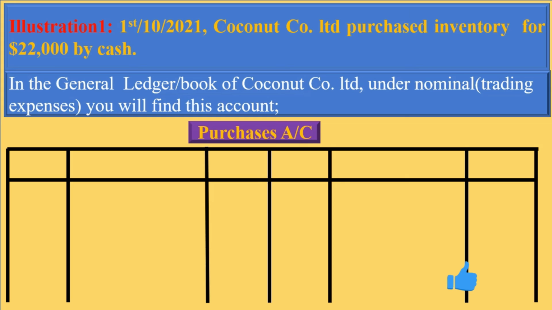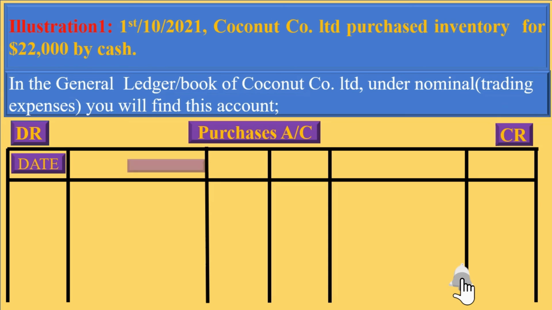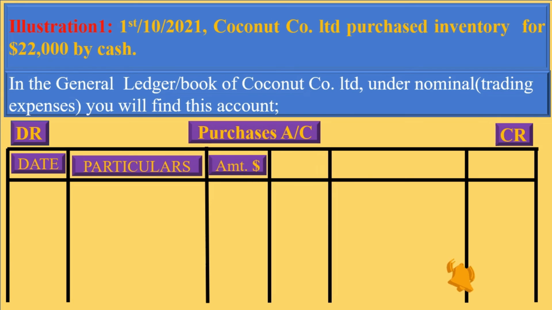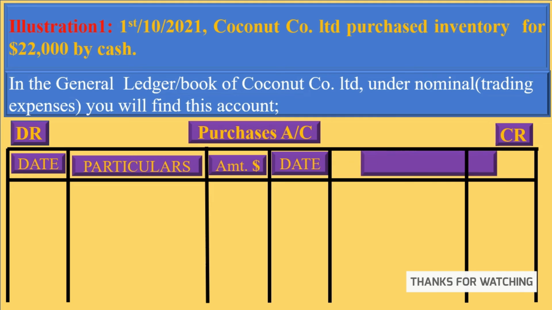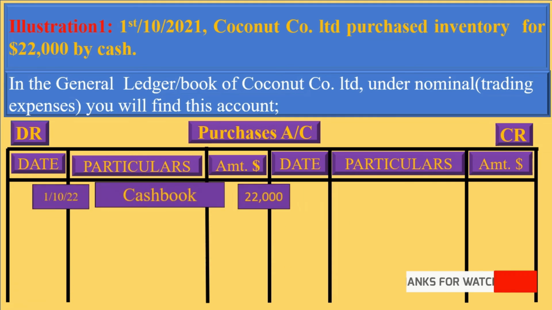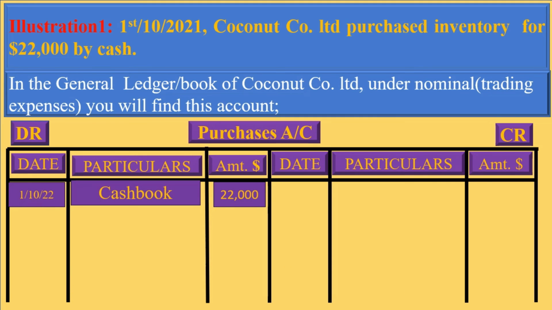This is a good example of a trading expense account. The recording is made on the debit side, as recorded up there.